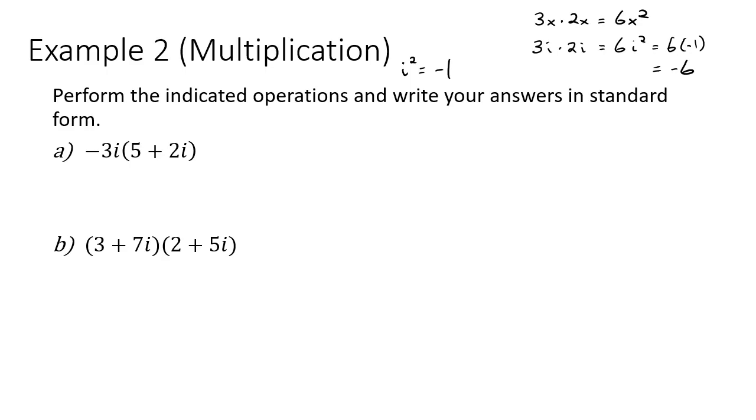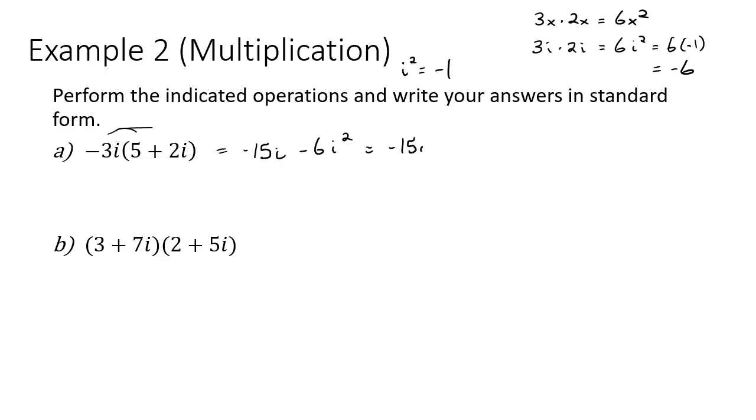All right, so for part A, this is simply a matter of distributing across the parentheses. For the first term, we would have a negative 3i times 5. You can multiply the real numbers together, so that would give us negative 15i. For the second term, we would have a minus 3i times a positive 2i, which would give us a negative 6i squared. Because we've got an i squared, we're going to simplify that away.